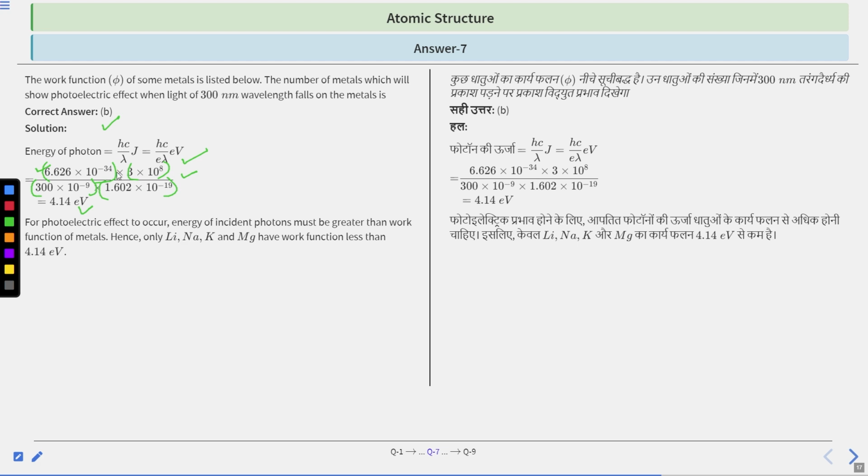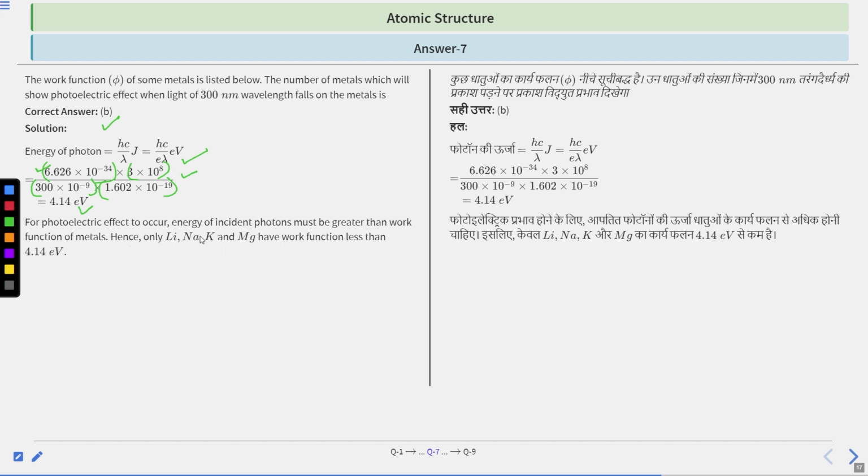So we have just calculated the energy of the photon. For the photoelectric effect to occur, the energy of the incident photons must be greater than the work function of the metal. Every metal has its own work function value.